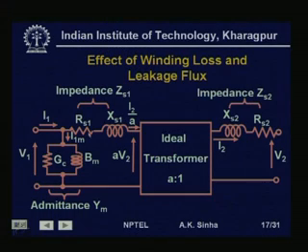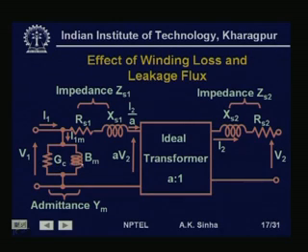So, we have the complete transformer model here, where we have represented the finite permeability by this Bm, and the core losses by this Gc. Gc is the conductance, which is 1 by Rc.